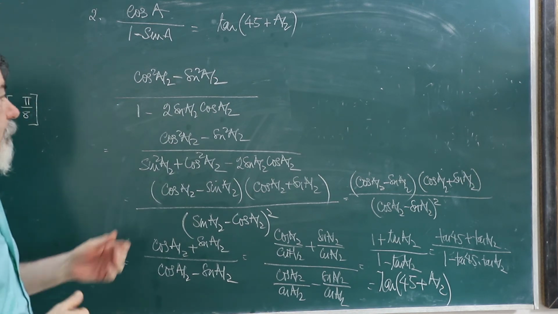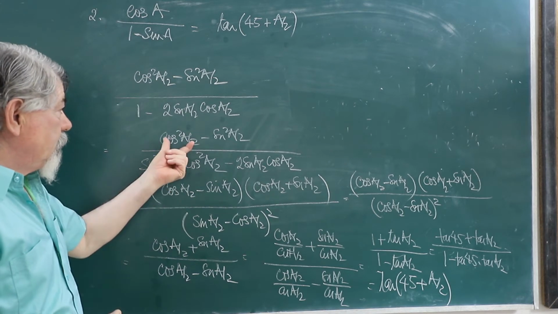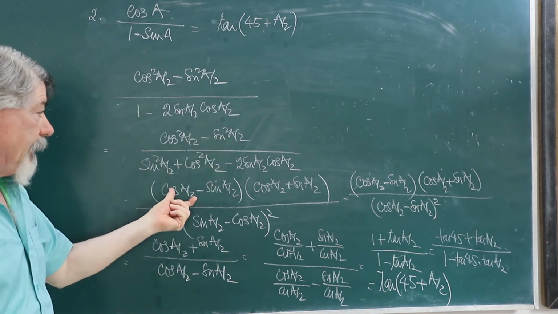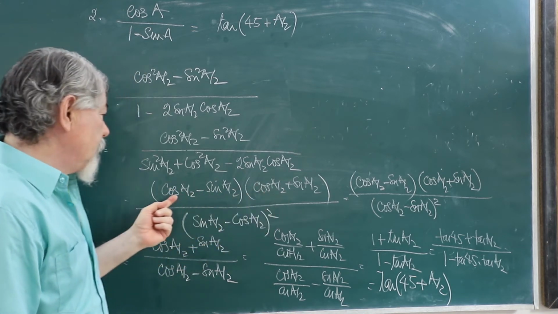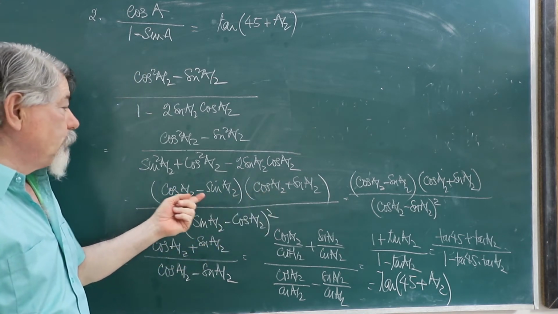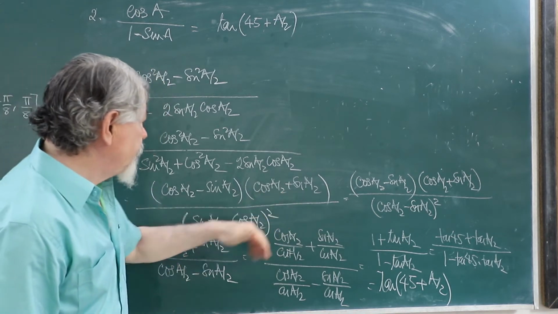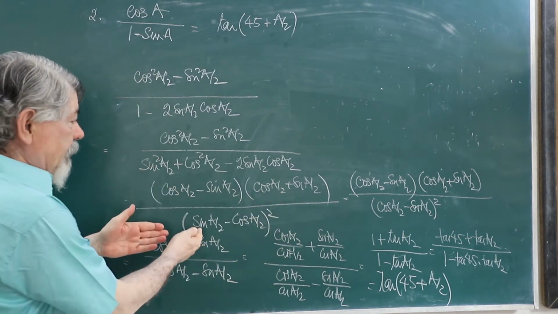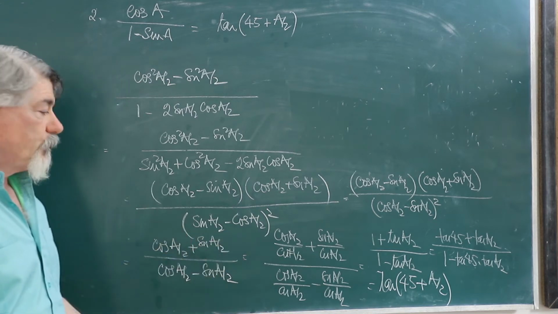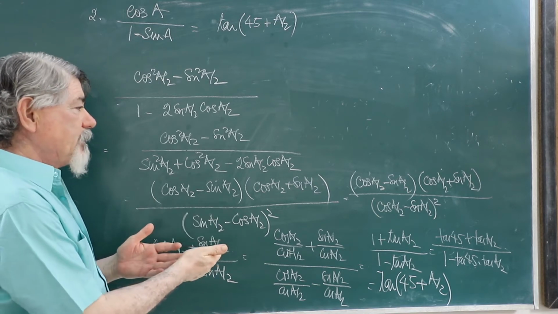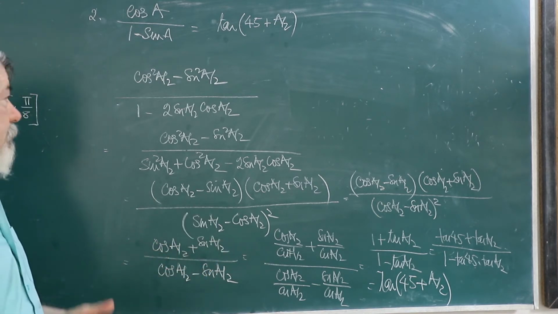It doesn't matter. The factors of a square minus b square are (a minus b)(a plus b): (cos a/2 minus sin a/2)(cos a/2 plus sin a/2). In the denominator I could have written cos a/2 minus sin a/2 also, but I wrote sin a/2 minus cos a/2.